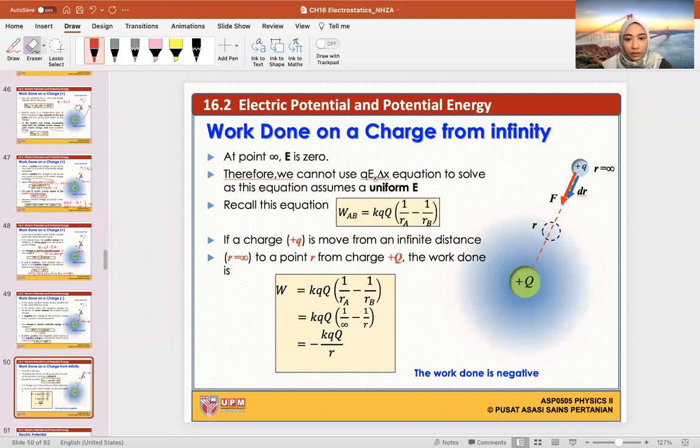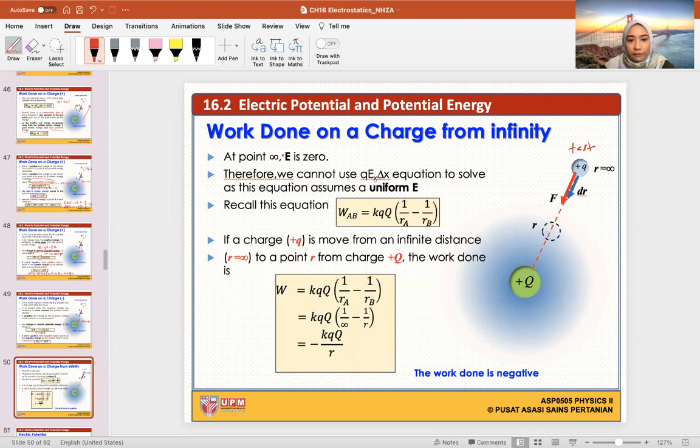Okay, so work done on a charge from infinity. Here let's see this is a positive test charge and this is our source. What is the natural tendency of this positive test charge? It will want to repel. But here we are moving it from infinity to the source charge.